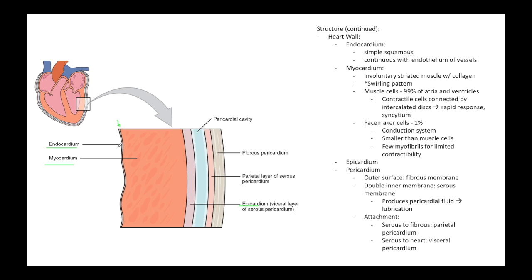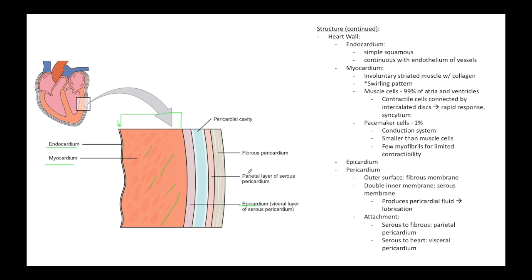And it's important to know that this is continuous with the endothelium lining of vessels. Your arteries and your veins are all continuous with this tissue. And your myocardium, which is your big old bulk of your heart here, is composed of involuntary striated muscle with collagen in between there.